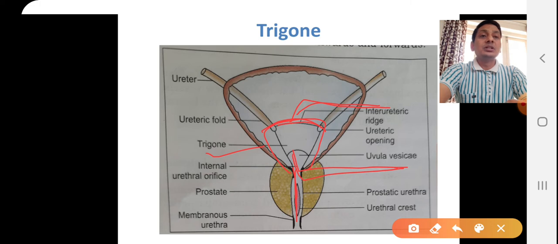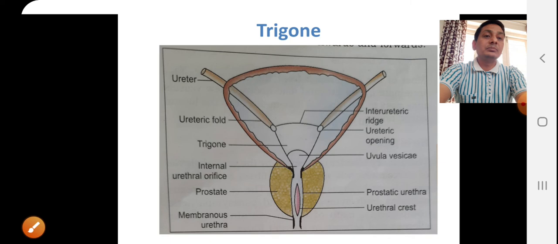Opposite to the piercing of the urethra there is an elevation, the uvula vesicae, and the base is formed by the interureteric ridge or bar of Mercier. This is surrounding the urethra. This is the prostate, which is only present in the male, not in the female. This is the trigone of the urinary bladder.